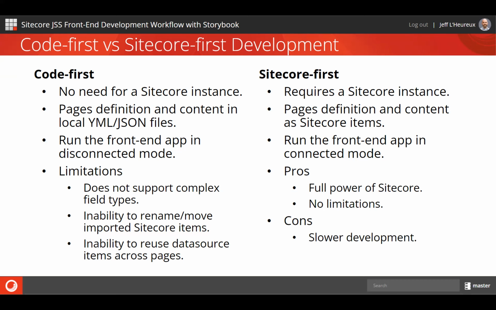So instead of just writing some stuff in a YAML file and then you have the rendering, the content and everything, you have to create your template, create your fields, decide if they are shared or not, and then create a data source item, create your rendering item for your components, and then create the pages, build the pages in Experience Editor or XM Cloud Pages if you're on XM Cloud.